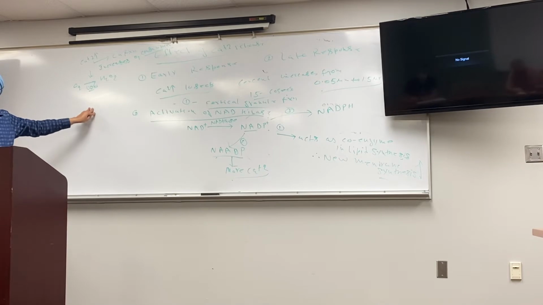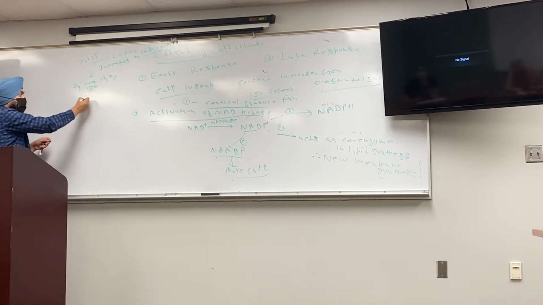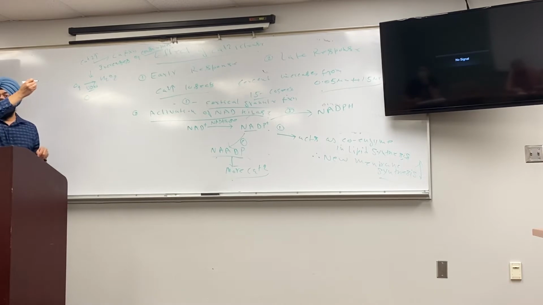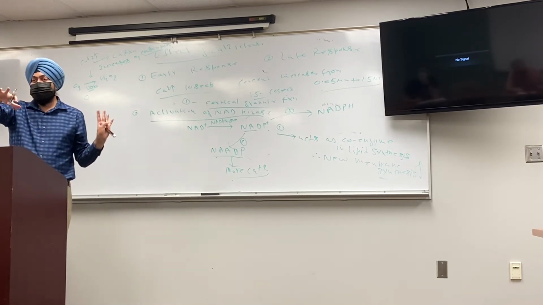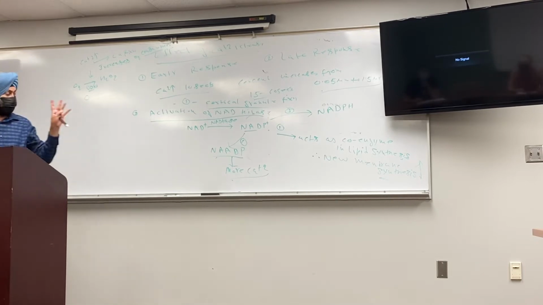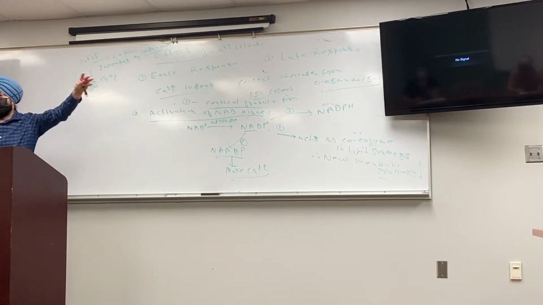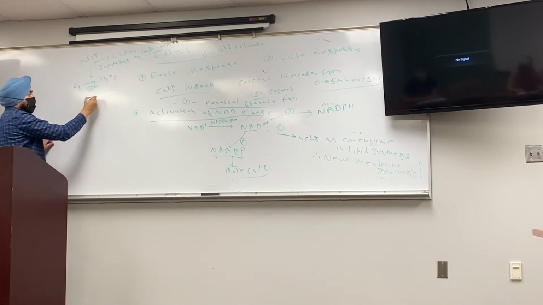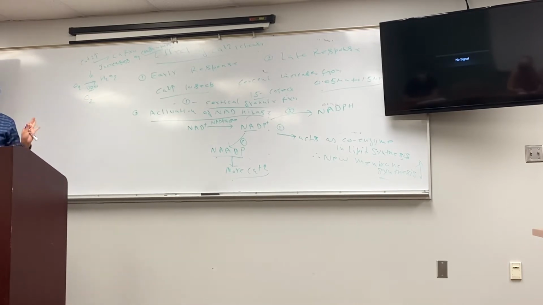Now, here is what happened. I think we covered this in cell biology, I don't know whether you guys covered it or not. Is anyone working with Dr. Reynolds here? No, okay. So oxygen normally is reduced in the mitochondria, almost 97%.